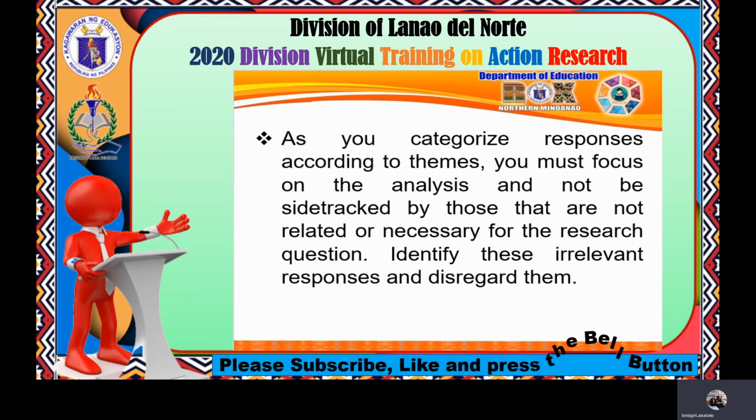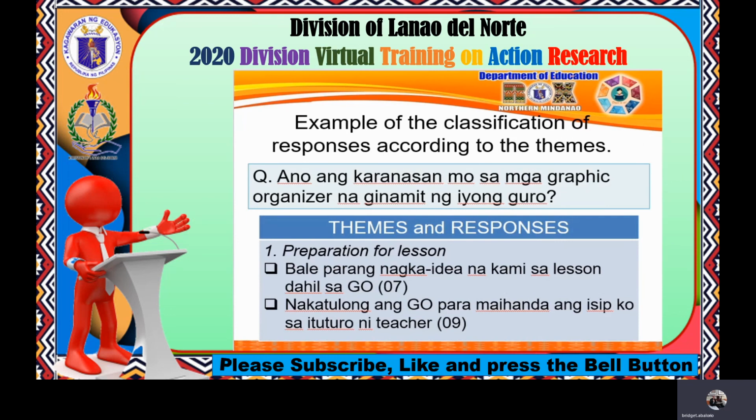For example, instead of answering "Ano ang karanasan mo sa graphic organizer?", the respondent defines what a graphic organizer is, which is not related to the interview question given. So we have an example of the classification of responses according to themes. Going back again to the previous research question, "Ano ang karanasan mo sa mga graphic organizer na ginamit ng iyong guro?"